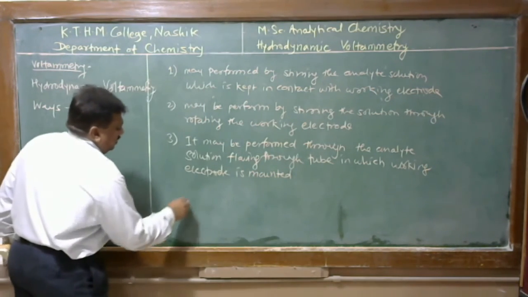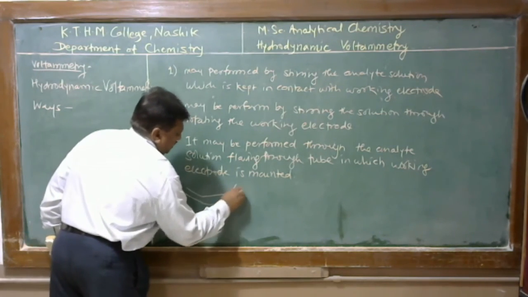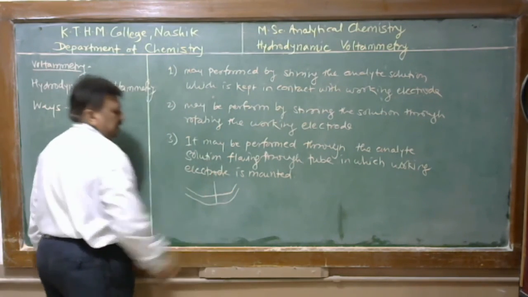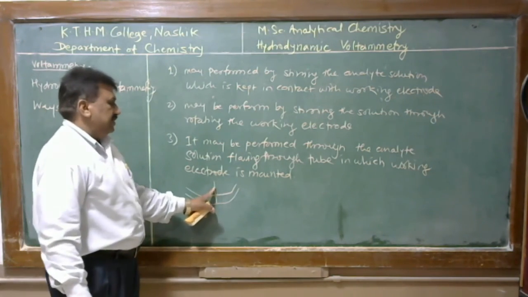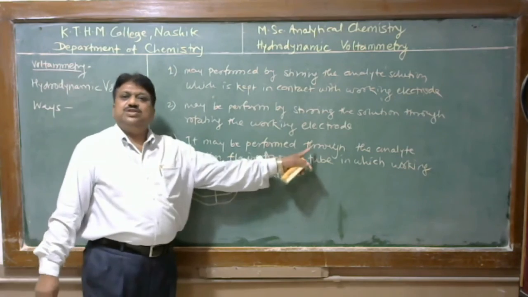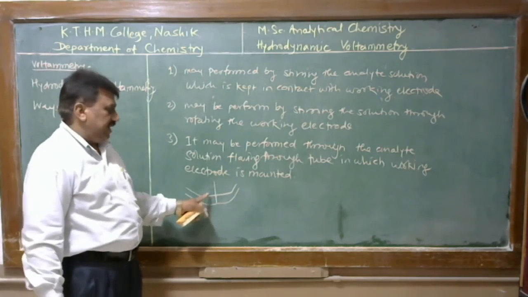That means here this is a tube, and in this tube a micro electrode is placed, or a counter electrode is placed, and the analyte solution is flowing through the tube. This is the third type of hydrodynamic voltammetry.